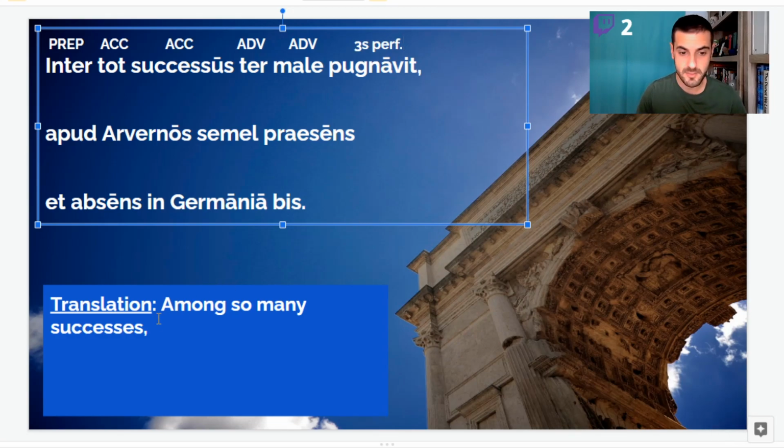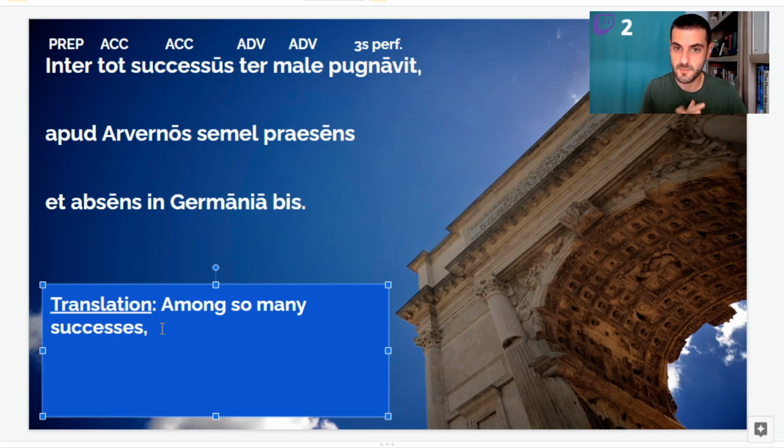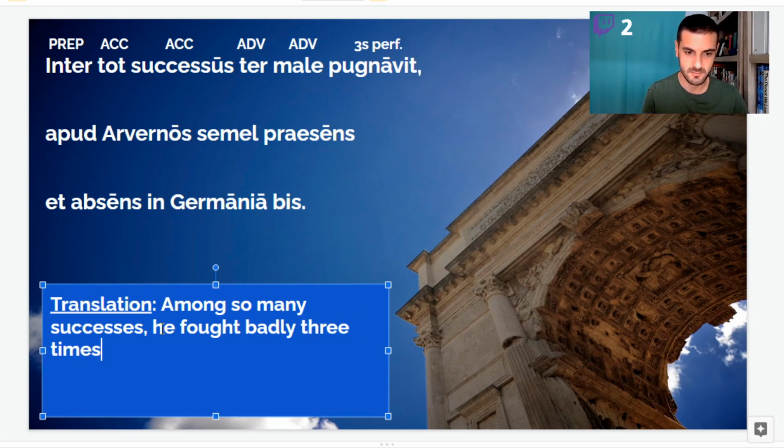And I didn't know that this is how they would say it because I just have never thought about it, but it literally says he fought poorly 3 times, which is the Roman way of saying he was defeated. Right? He fought badly 3 times. He lost 3 times.